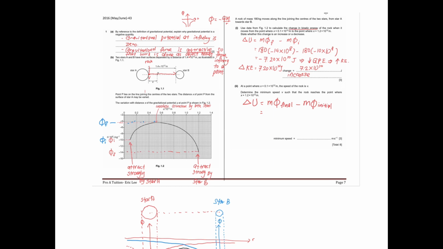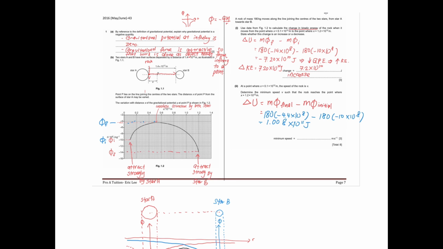The m is 180, the phi final is minus 4.4 times 10 to the power of 8, minus m phi initial, which is minus 10 times 10 to the power of 8. If we count this value, you will get 1.008 times 10 to the power of 11 joule.